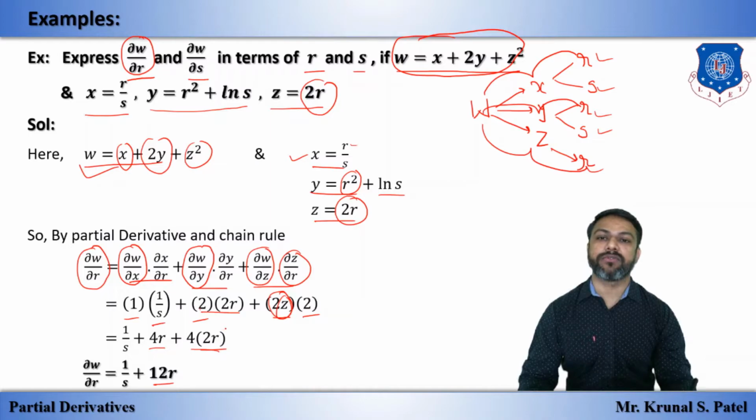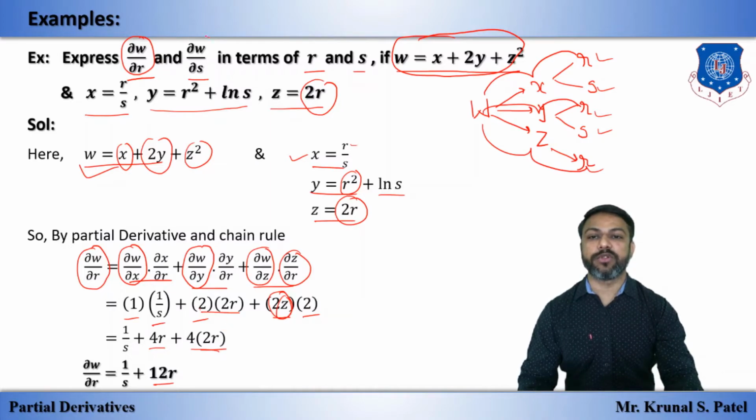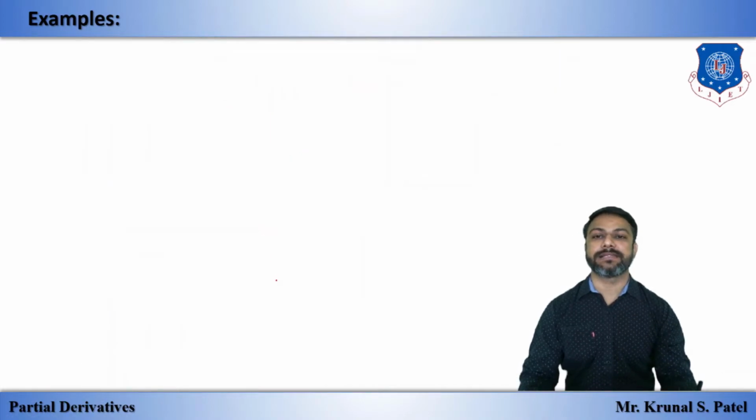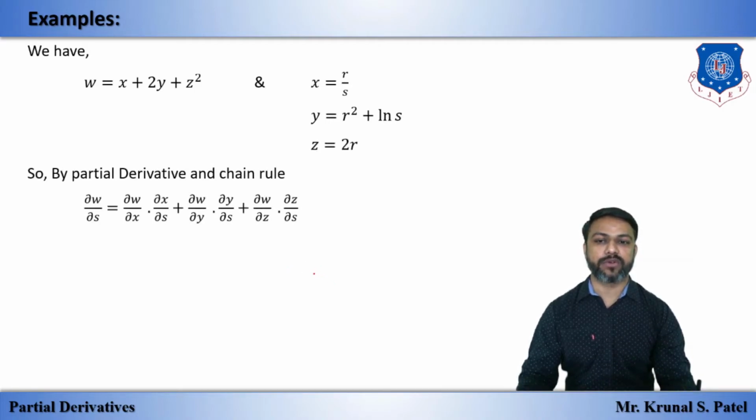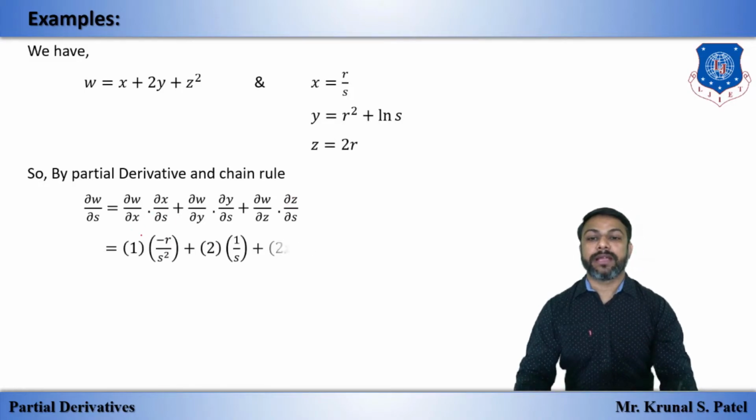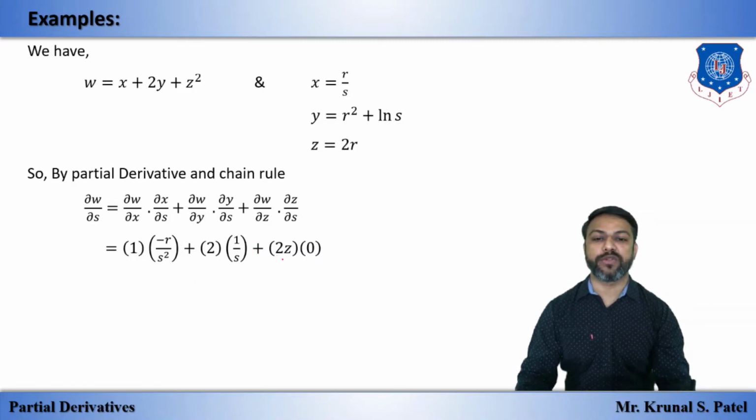In the same way we can find del W by del S. This is the del W by del S process. Have a look. We have W, X, Y, Z, and by partial derivative chain rule, del W by del S is given by this formula, and we will find the derivatives and put in the value of Z. But this term is 0.